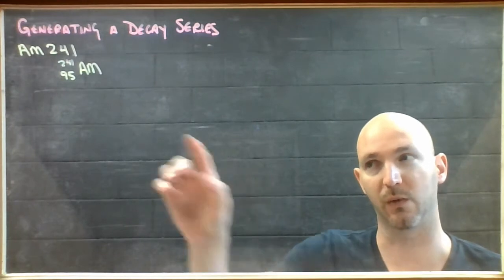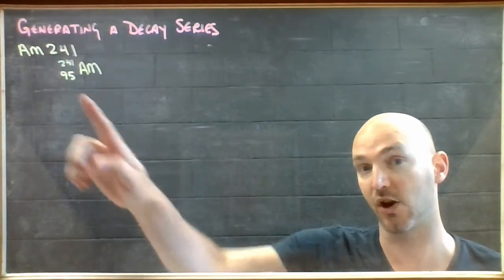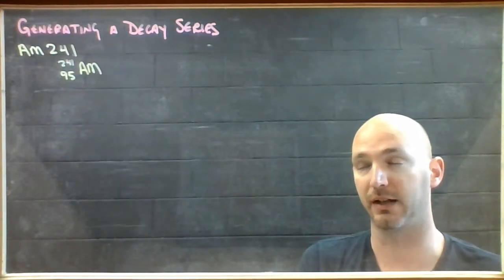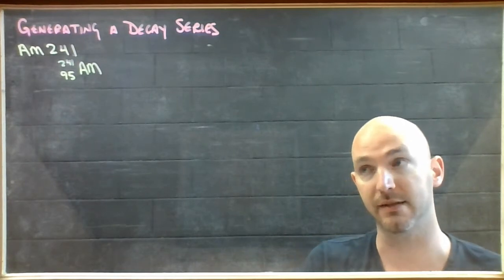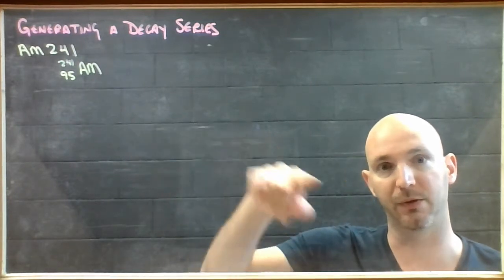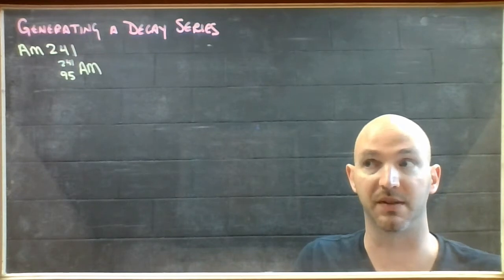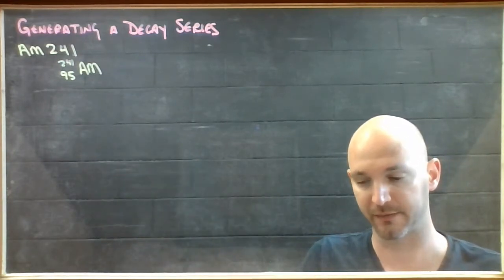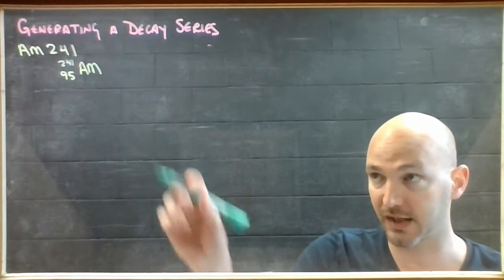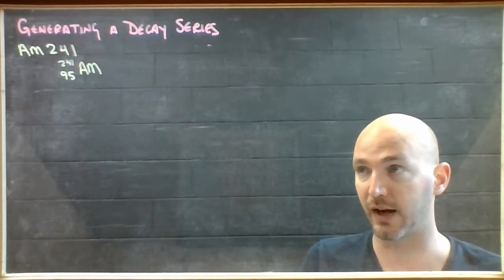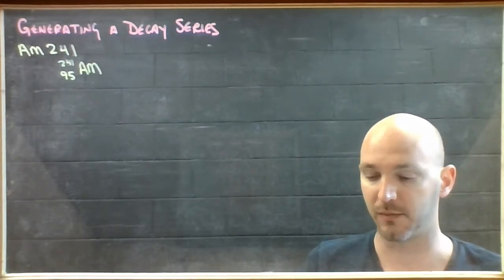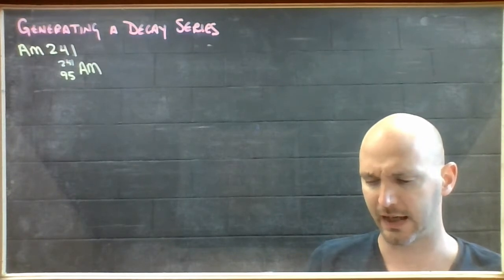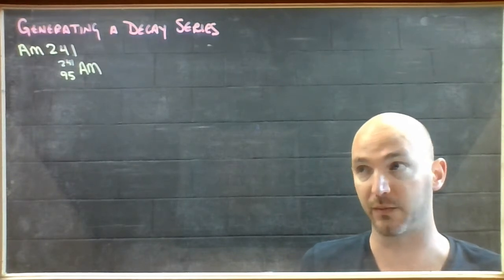So we're going to follow this thing, which is not on our stable isotope list, and we're going to track it through in order to see all the stuff that gets generated as it decays down to a stable state. So first thing I'm going to do is look for Am-241 on my alpha emitter sheet, and indeed it is there as an alpha emitter.